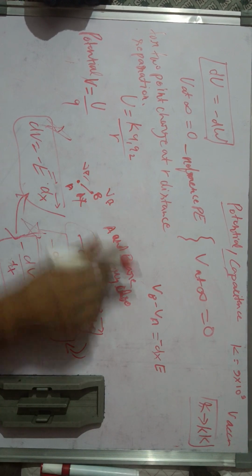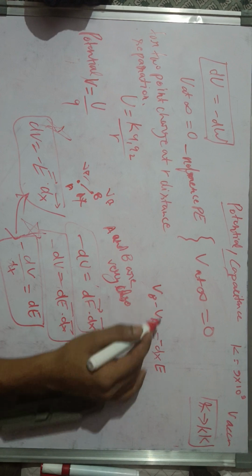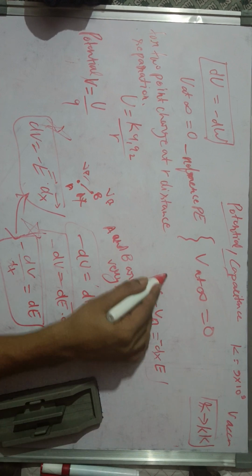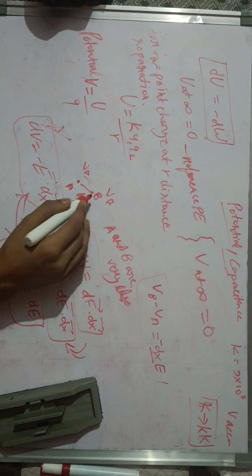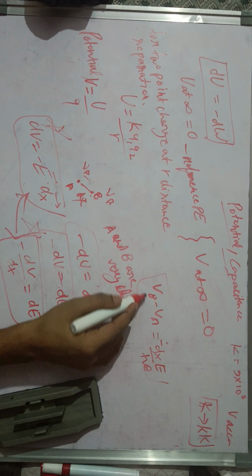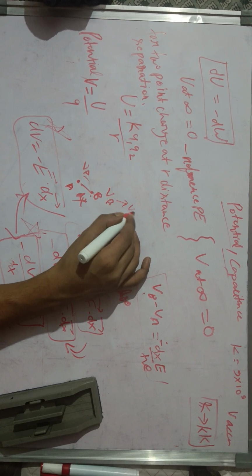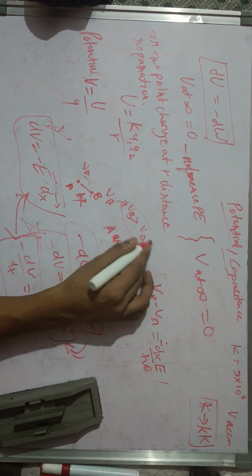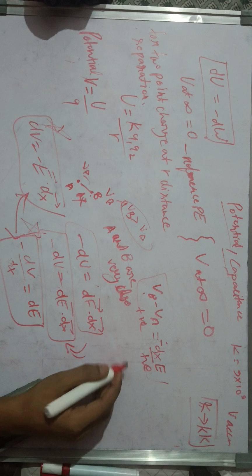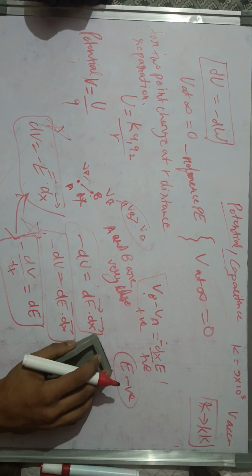The electric field present between them is E. If I am assuming that VB is higher than VA, then this is positive, so this E value will become negative.